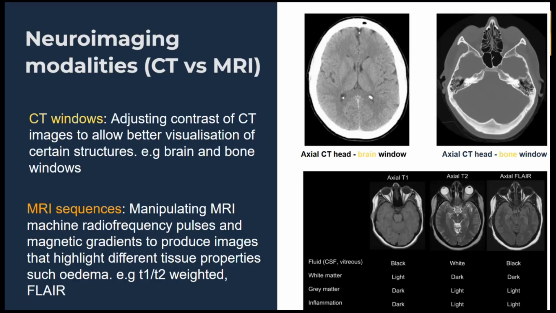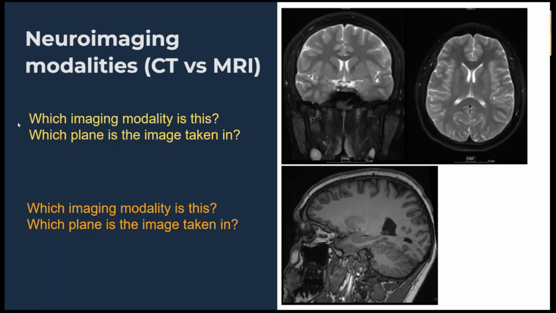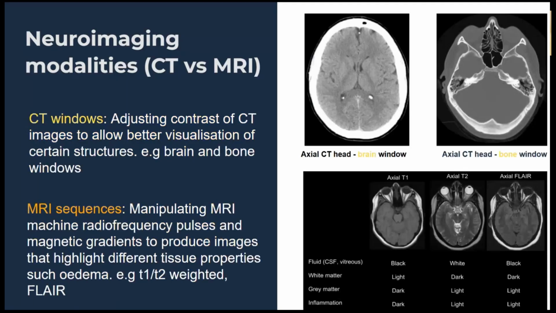T2 is good for showing edema and swelling, where water is bright. FLAIR is like T2, but it suppresses the water, the CSF, to dark. So if there was any edema, it would be dark rather than bright.